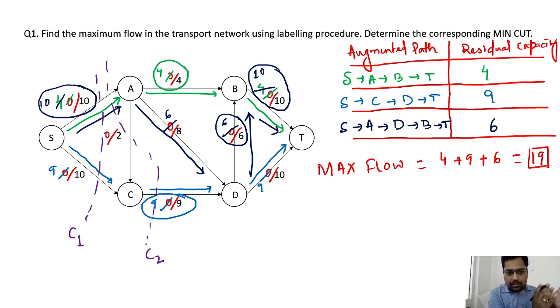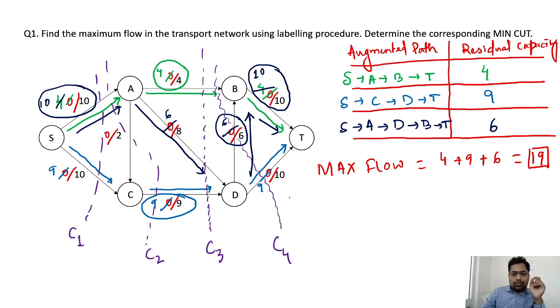If I cut C1, one side will be S, another side will be A, B, C, D, then T. So whenever we are considering a cut, we focus on one at a time, and the others are ignored. Like C2, C3, and you can consider this as C4. So you should run the vehicle, then you get the proper answer.